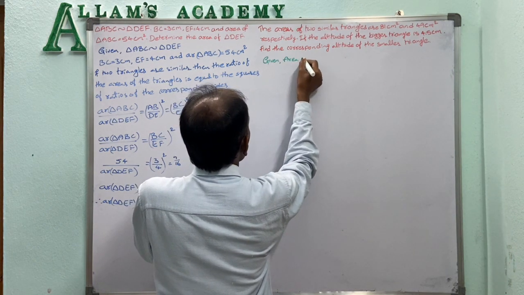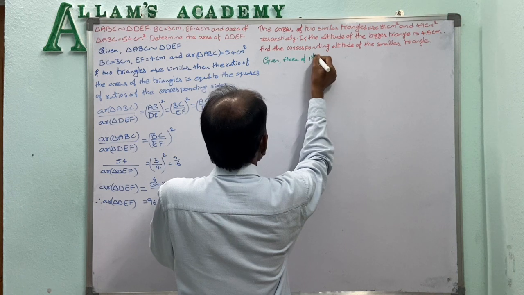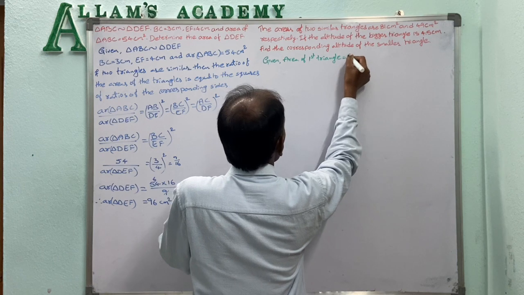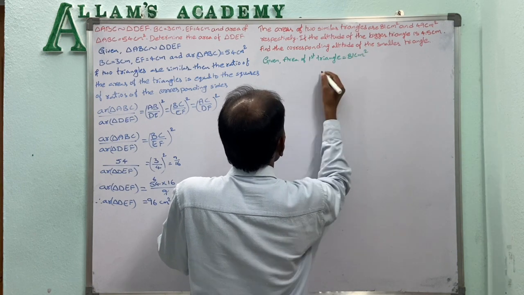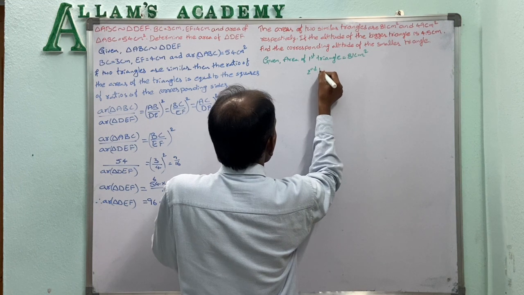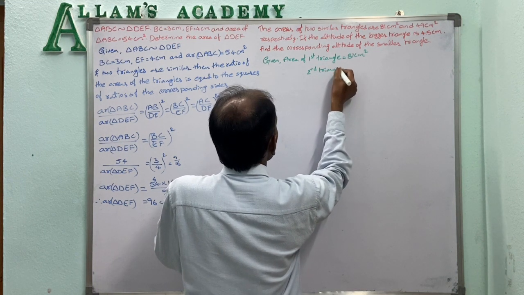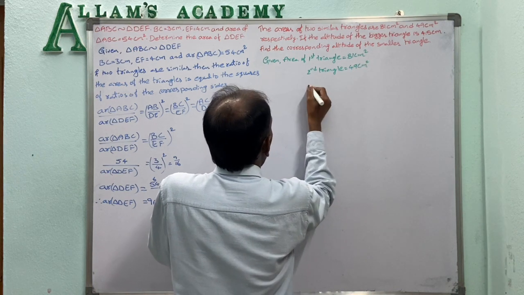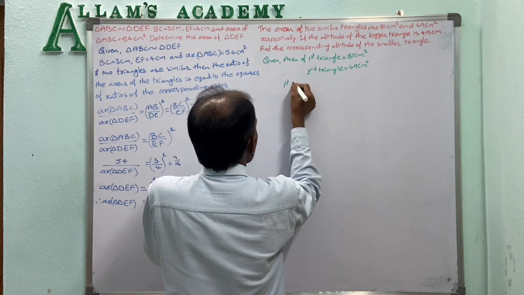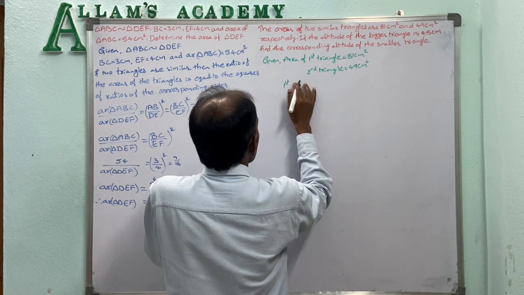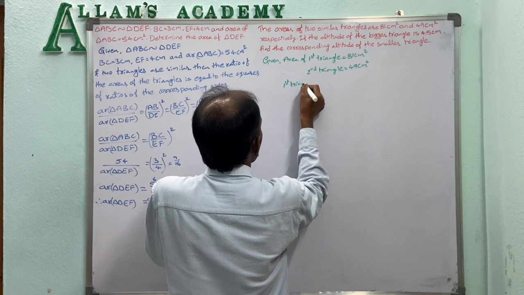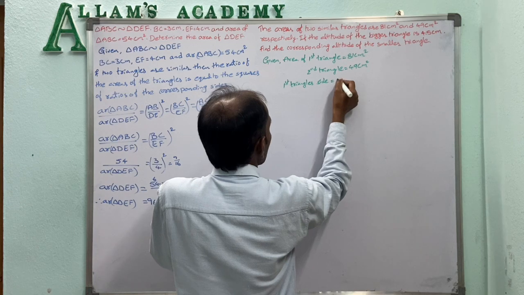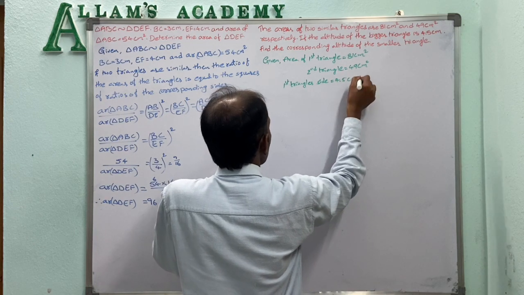Area of first triangle equal to 81 centimeter square, second triangle 49 centimeter square, and first triangle's side, that is nothing but altitude, is 4.5 centimeters.